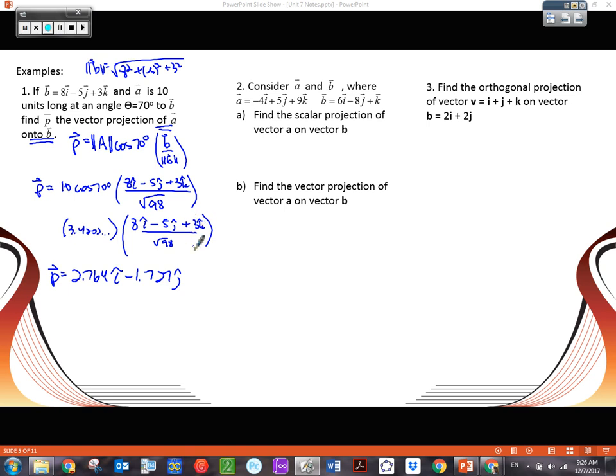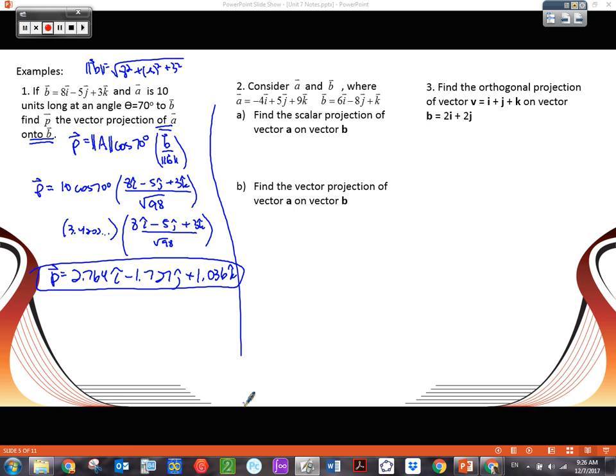And that would give me a positive 1.036 k. And those are the components of my new vector, the vector projection of A onto B. We okay with that? Okay, so basically it's the formula. We just need to know how to use the formulas and with our calculator.